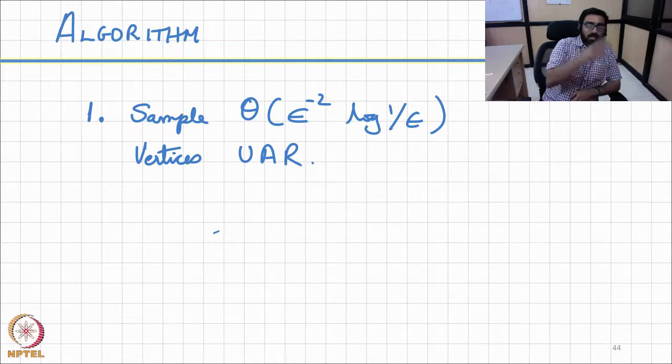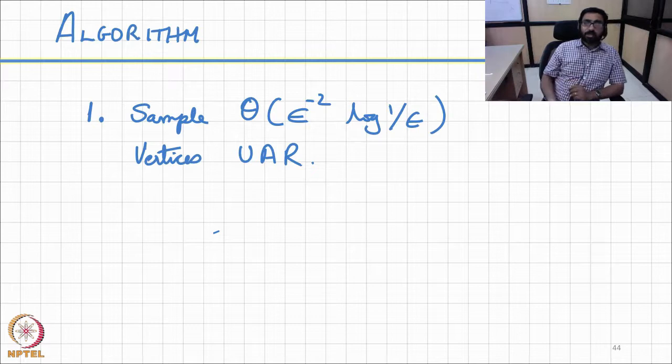The constants hidden within the theta notation can be reverse engineered later, so we're not going to worry too much about constants. In fact, this whole segment we're going to purposefully be a bit sloppy in order to focus on understanding what's going on, and we will work out these constants as part of our exercise later.